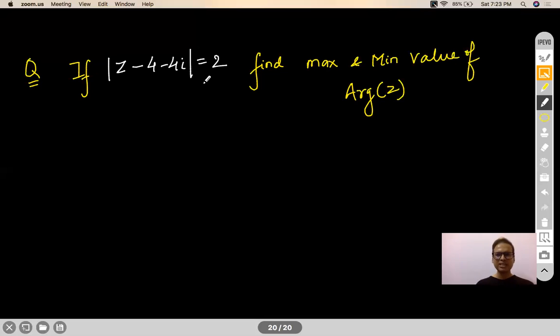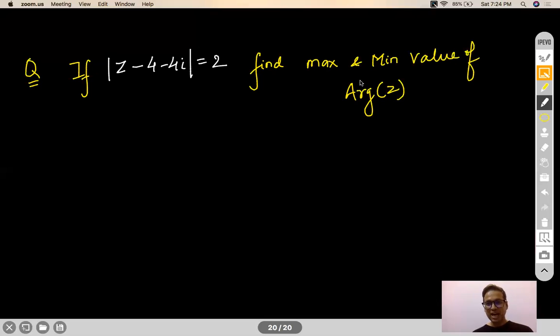Find the maximum and the minimum value of the argument of z. How will you do this? Sorry, I had to change my question because of the argument of z. What is the maximum and the minimum value of the argument of z?